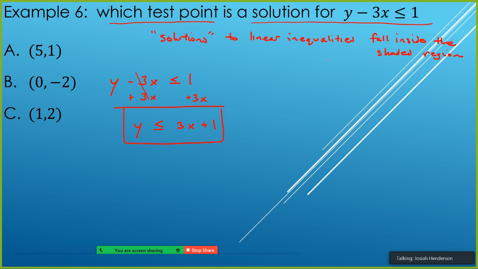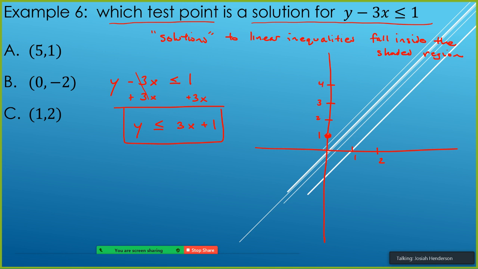So to graph this, we know we start at the plus 1. So here's my plus 1. I'll put a nice big point there. And then our slope tells us we're going to go up 3 over 1. So I'm just putting in a few units here.